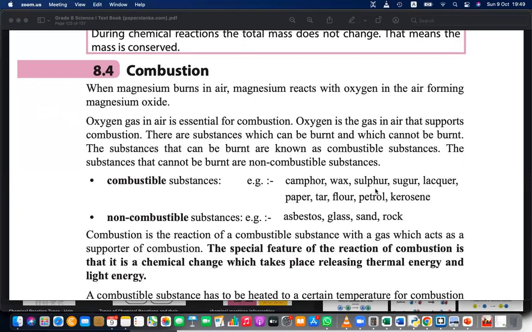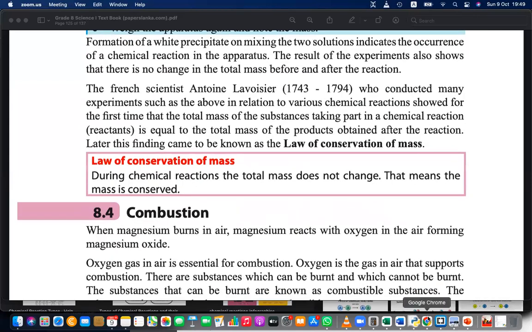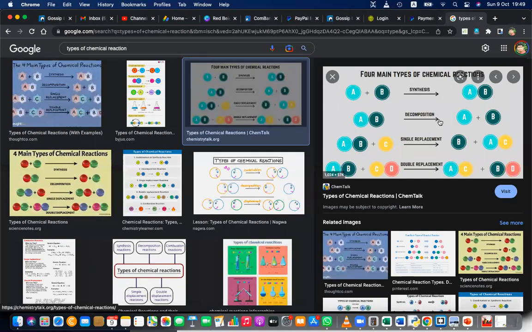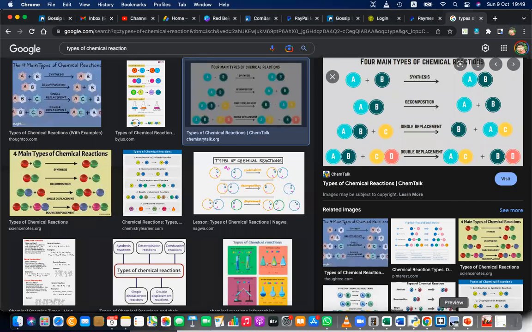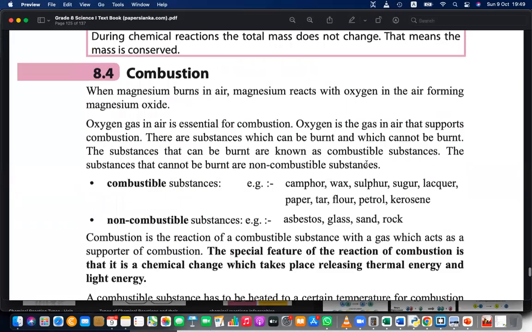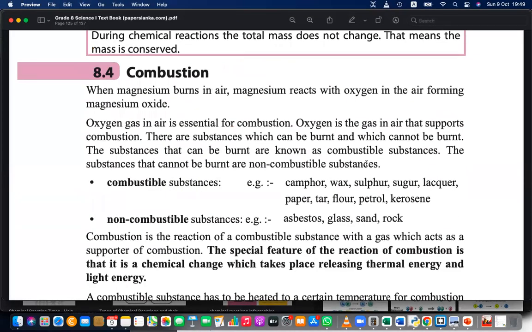This is kind of the second type of reaction that we have learned. Decomposition, sorry, not decomposition, synthesis reactions, right? Synthesis reaction, because oxygen is there in the air, when a combustion reaction happens, it will react with the oxygen and new substances will be formed.